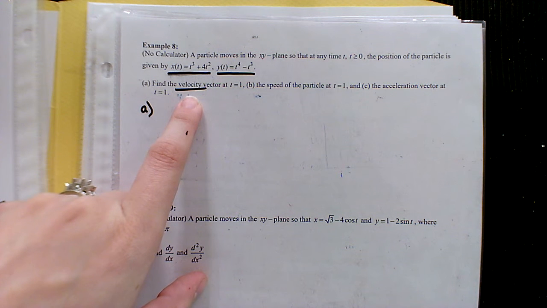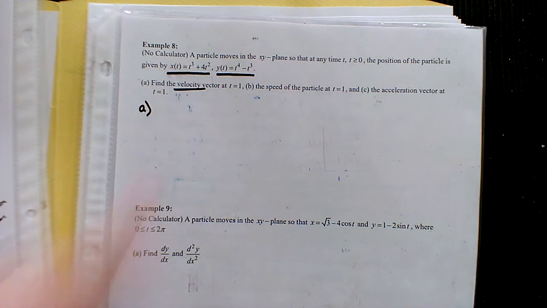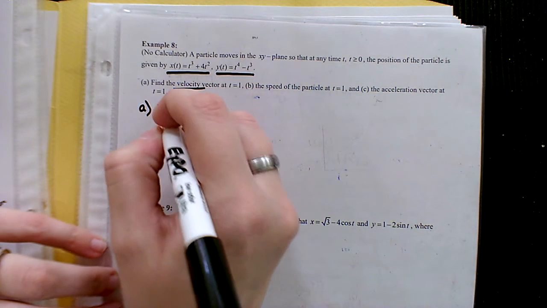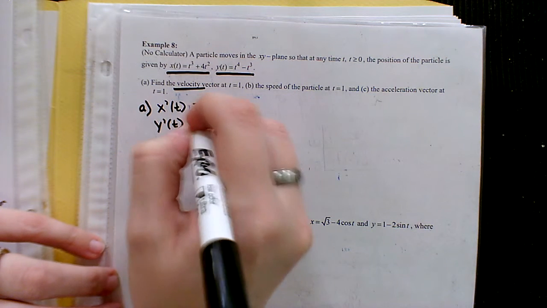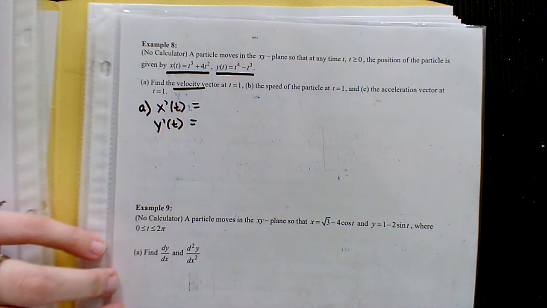How is velocity related to position? It's the derivative. All right, so let's figure out the derivative of x and the derivative of y. We can do that without a calculator.